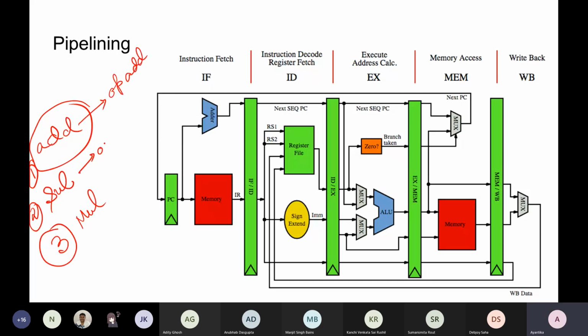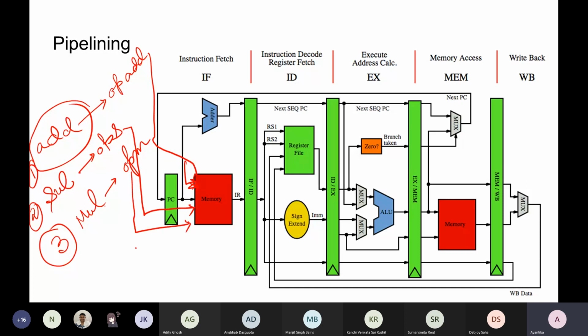This is op sub. Sorry. And this is op multiplication. So that means this is my memory. This op add is stored somewhere here. Then this is my op sub, stored somewhere here. This is my op m, stored somewhere here.